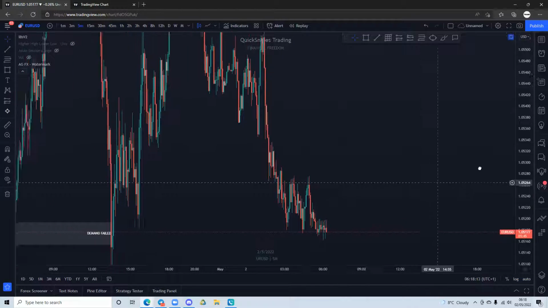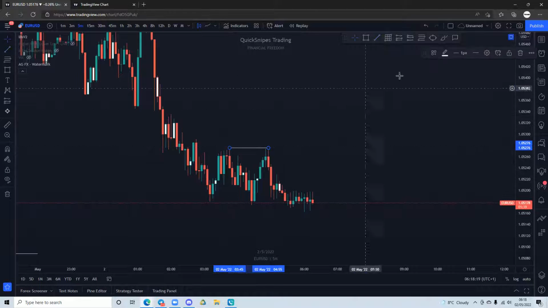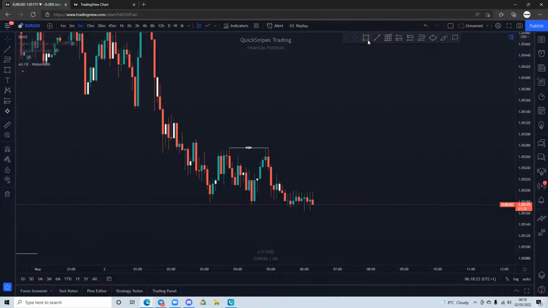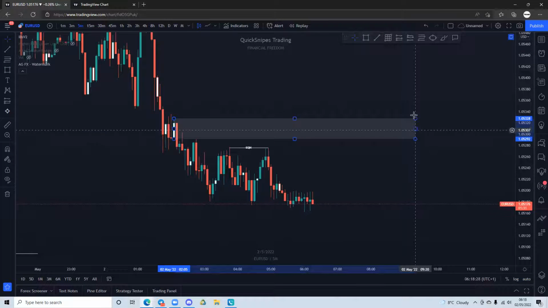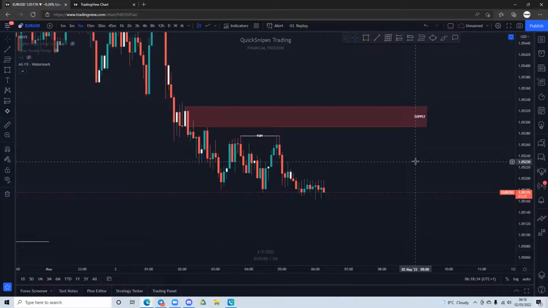What I am looking at right now in the shorter term are these equal highs here. Keep in mind we have these equal highs, and we also have this supply zone, and we are in a bearish trend, so it would make sense to only take sells.